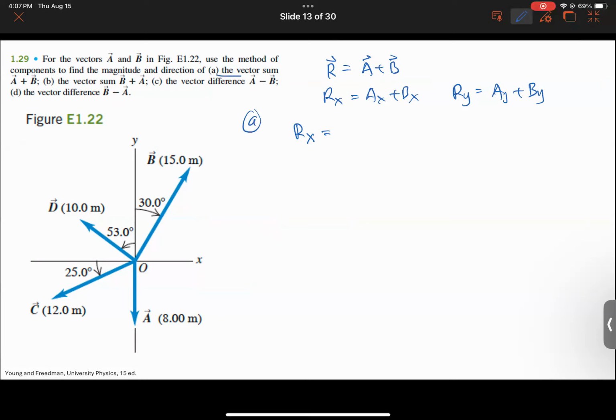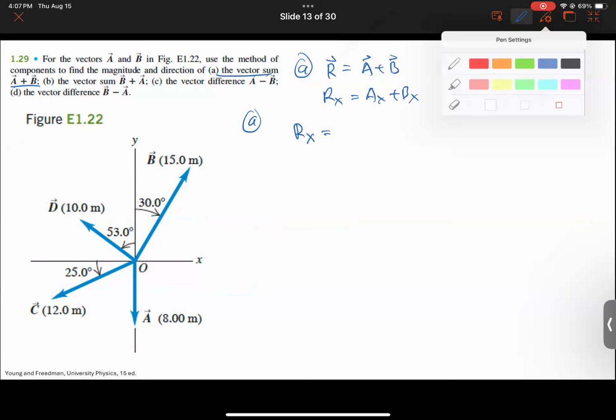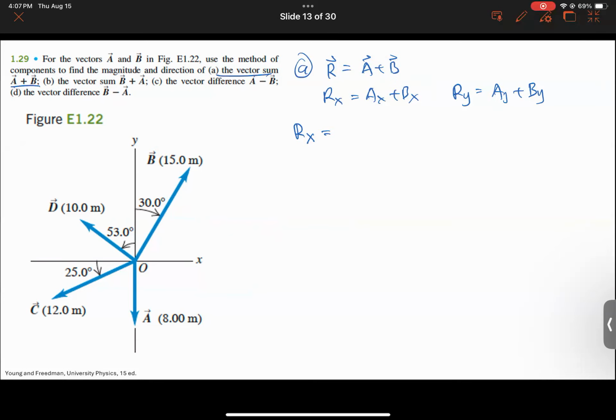So ito muna ang gawin natin, A plus B. So letter A. Okay, so Rx is equal to AX. Ano bang AX? So ito yung vector A, wala siyang component along the x-axis, di ba? So 0 plus BX.